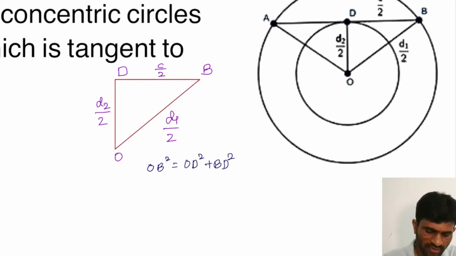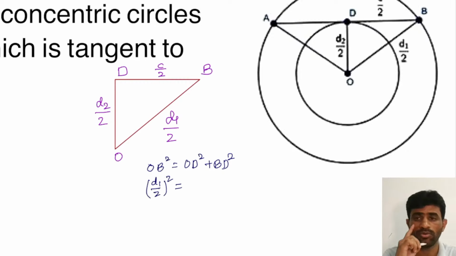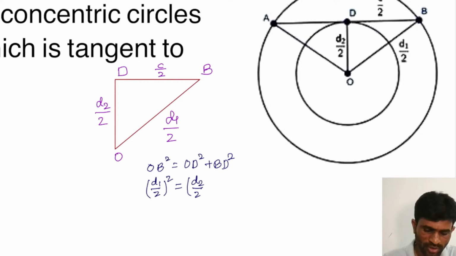OB square is what? D1 by 2 whole square is equal to OD, which is D2 by 2, so D2 by 2 whole square, and another one, BD is C by 2 whole square. So that is D1 square by 4 is equal to D2 square by 4 plus C square by 4.